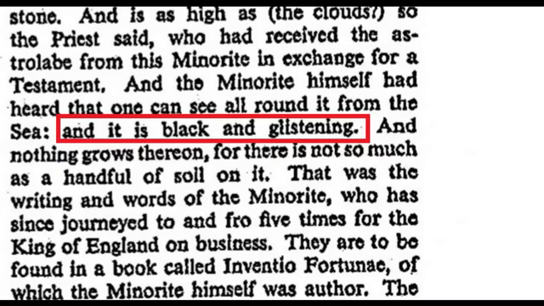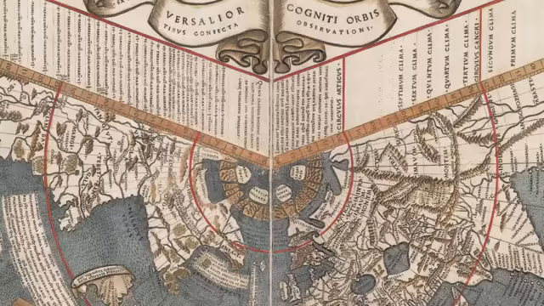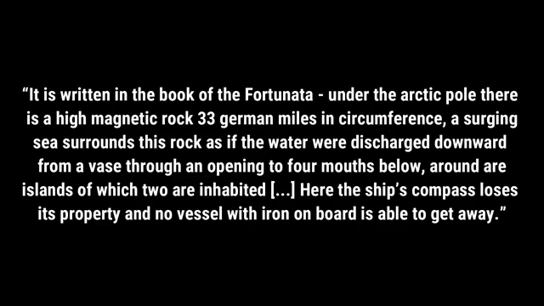In Johann Reusch's 1508 map, the North Pole is represented in a similar manner, and the map's legend states, "It is written in the Book of the Fortunata, under the Arctic Pole there is a high magnetic rock, 33 German miles in circumference.